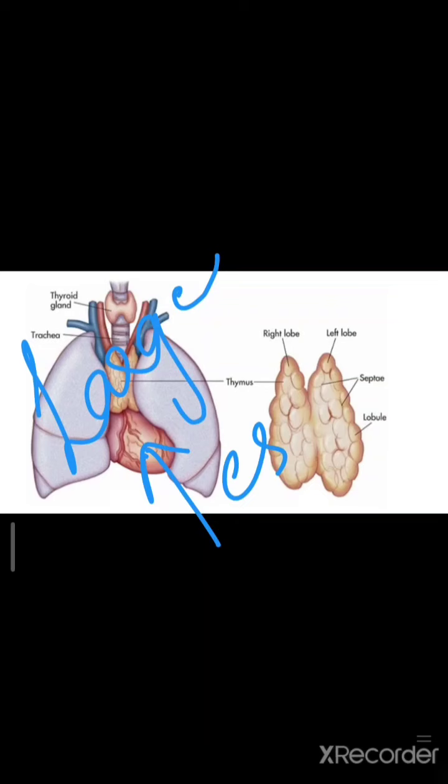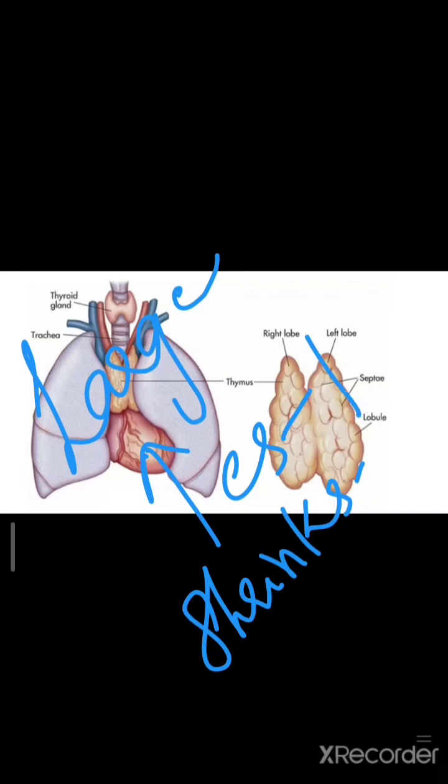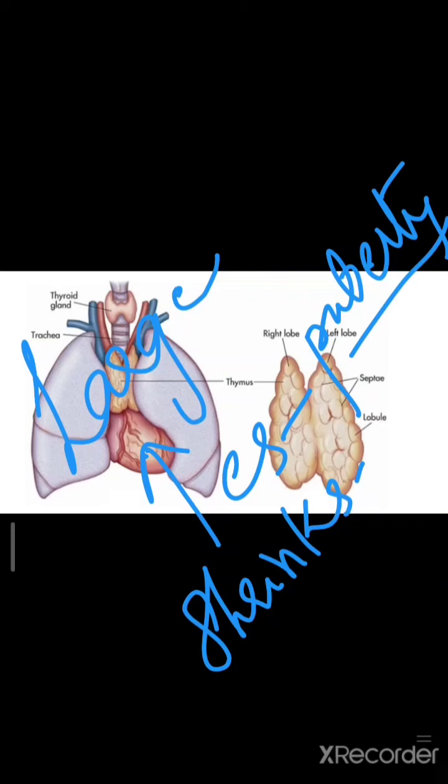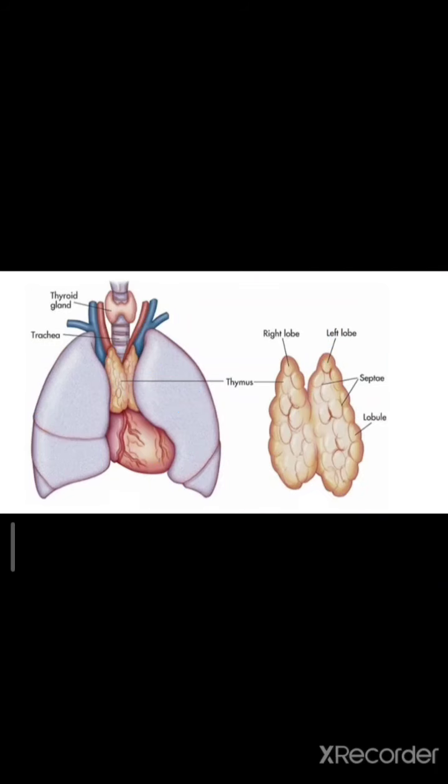After puberty the thymus starts shrinking. So in adults there may be atrophy of the thymus, meaning it may not disappear completely but it may reduce in size.